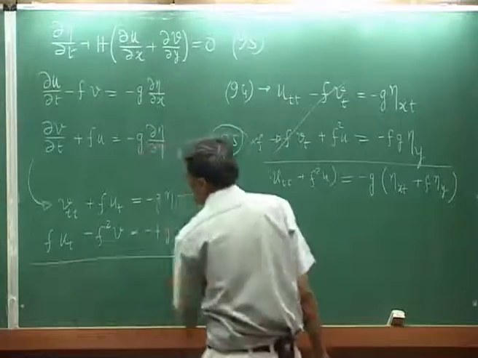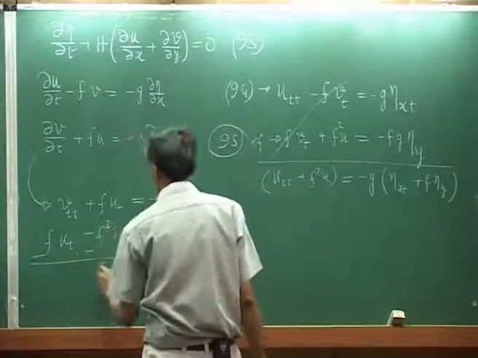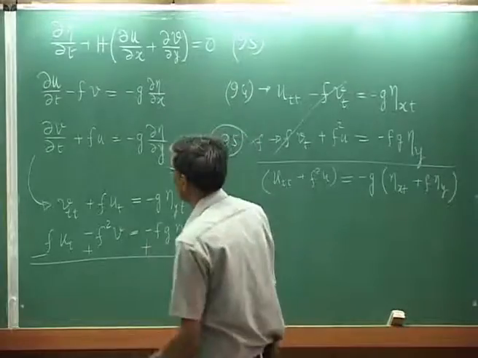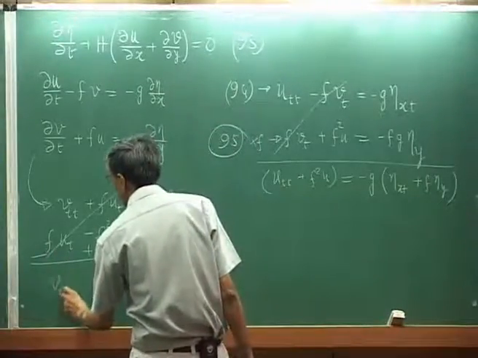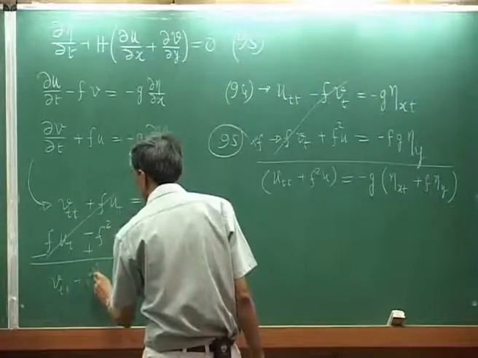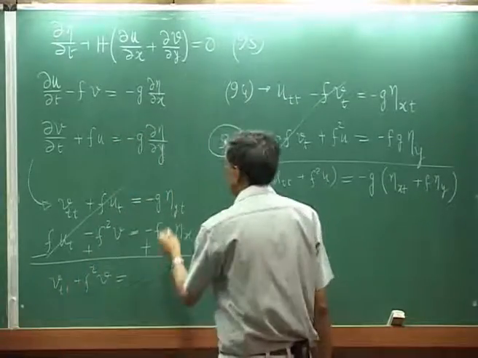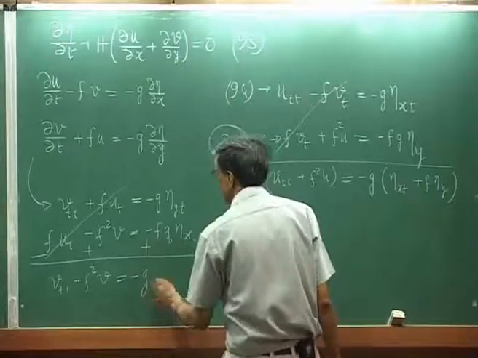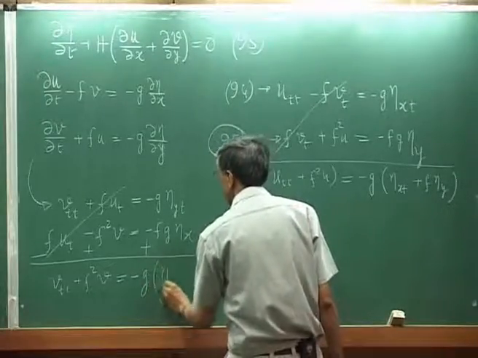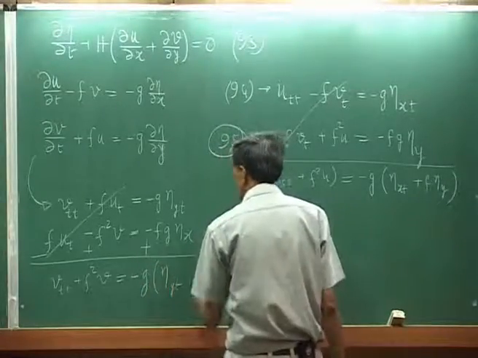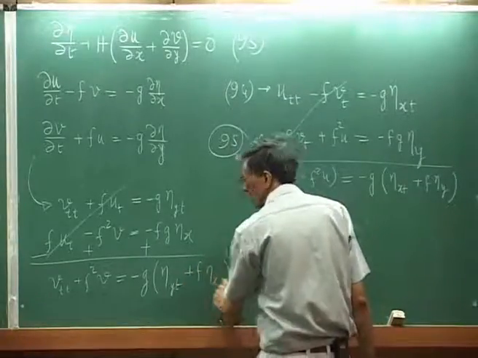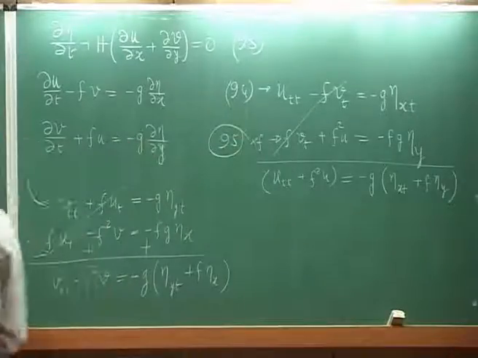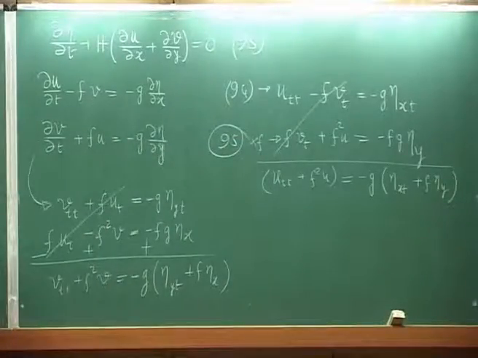So, we are going to subtract this. So, what we are going to get, once again this cancels out and we are going to get v t t plus f square v, and take a g common, we will get eta y t plus f eta x, right. So, that is your equation 97.